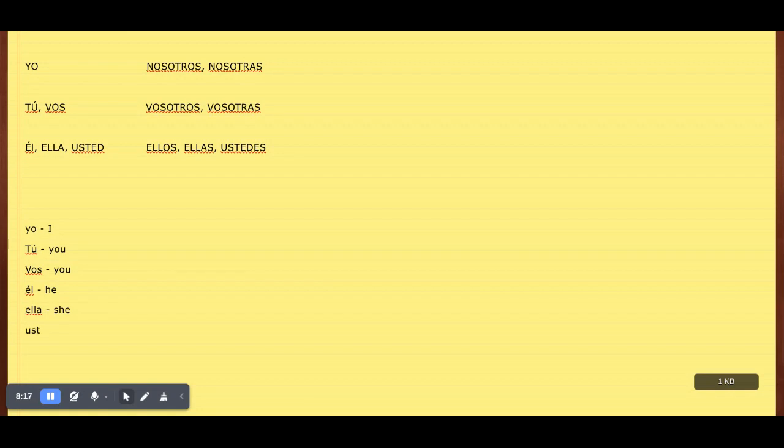And usted's an interesting one right here. So usted actually means you, but it means you in a formal sense. So kind of the difference between tu versus usted would be that tu is very informal. So you use this in situations essentially where you're talking to, let's say, a good friend of yours, or maybe just an immediate family member, versus usted would be much more formal.